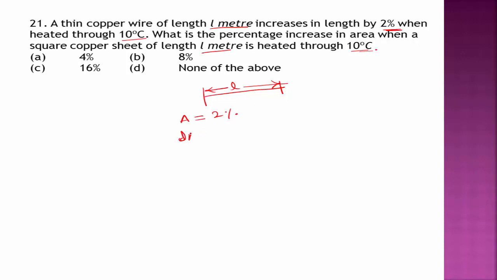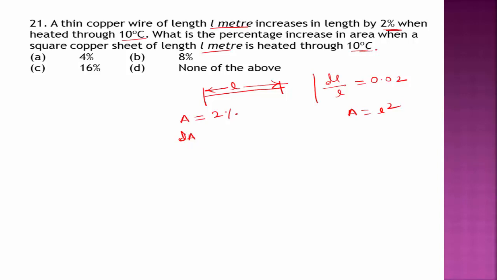Then the change in the area. Here the thin copper wire of length L. Initially, the change in length, that is dl divided by L, is 2%. 2% means that is 0.02. Area is equal to L square.